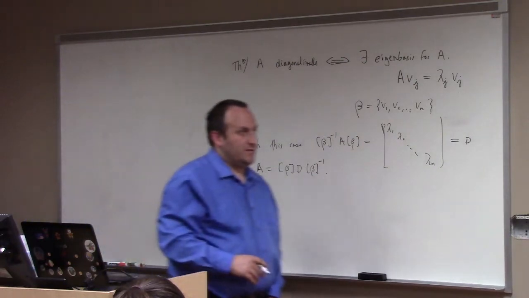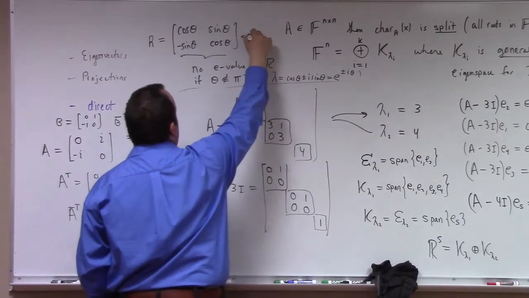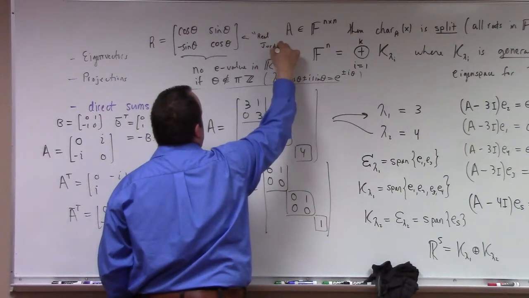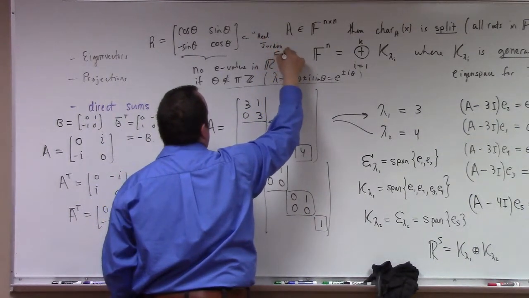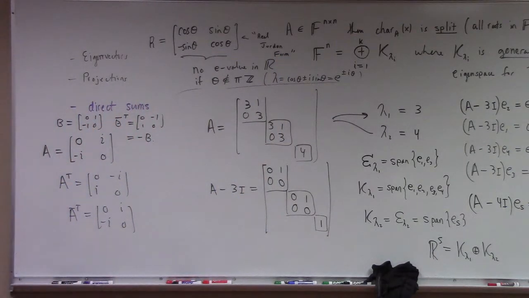There is no quote-unquote Jordan form over the reals for this, although there is what, as I call it, the real Jordan form. It's not just me who says that. That's actually standard terminology. For example, you can look at the book Matrix Analysis by Horn and Johnson. It's in there. But anyway, that's the real Jordan form, which technically is not a Jordan form.